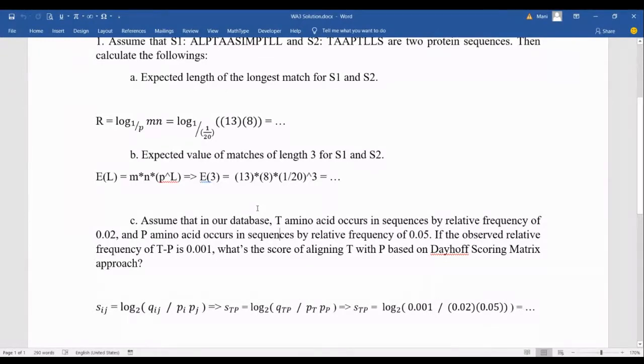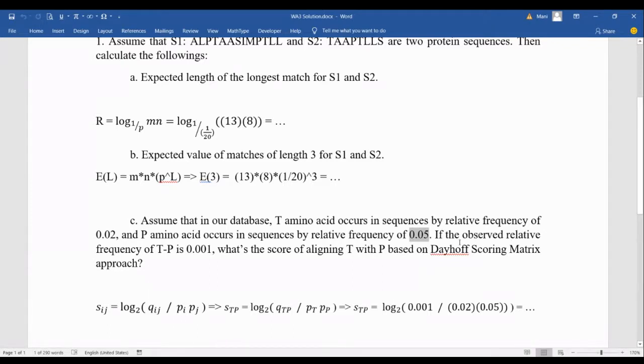We say, for example, in this specific database, that we observe that T amino acid happened 2% of times, but we saw P appeared more than that, even more than twice. So 5% of the time it happened.